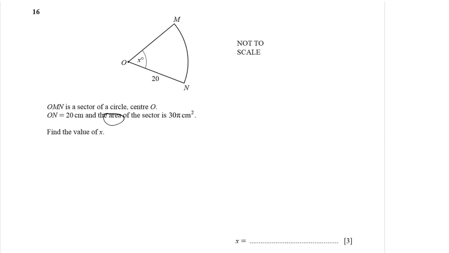Sectors, area. So a sector is basically some fractional part of your circle. So this time how we can identify it is x over 360. X is your angle at the center, and it defines what fraction this is.